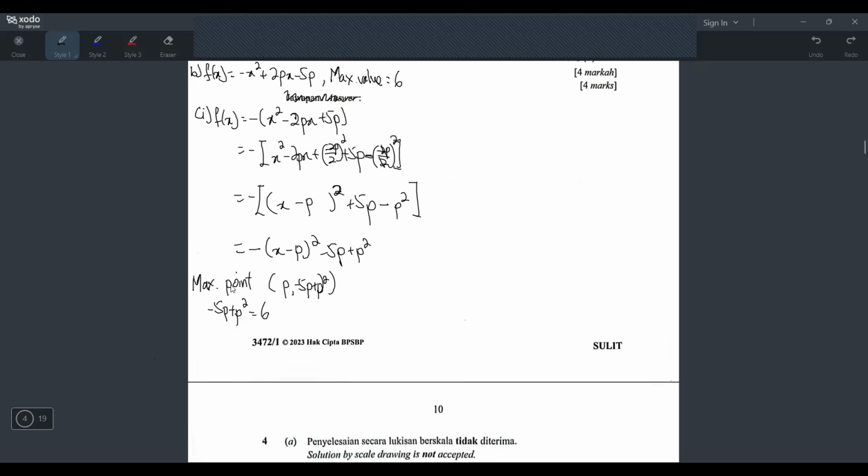Now you can find p, but first, this is a quadratic equation because there is a square. So what you do is you just move everything to one side equals 0, make it into general form, and then press calculator. So p squared minus 5p, the 6 I move here, becomes minus 6 equals 0. Now you get 2 answers. So let's do it quickly. Wait.